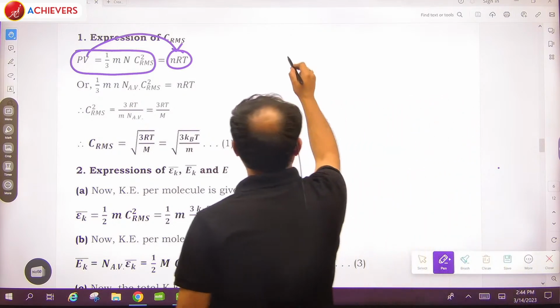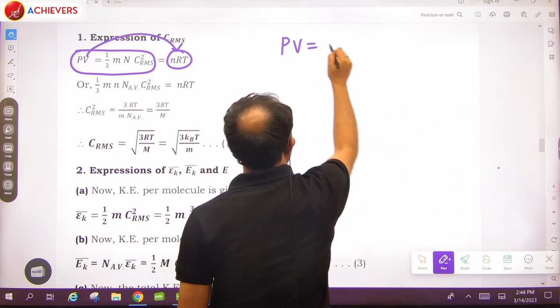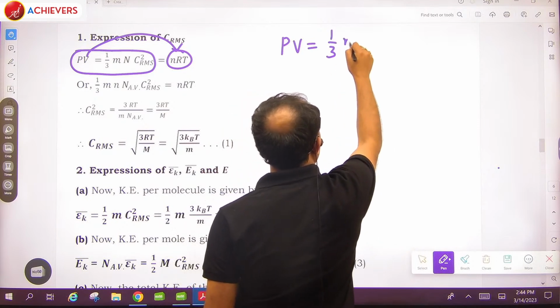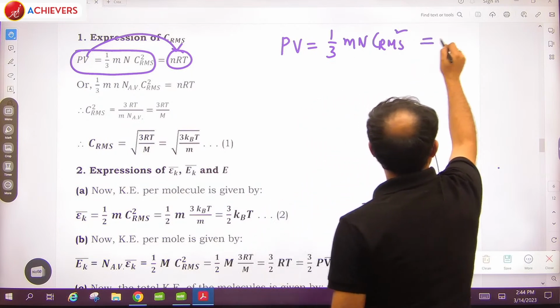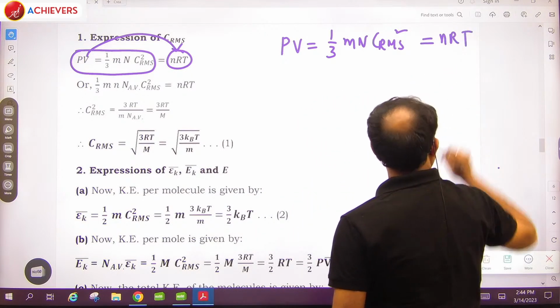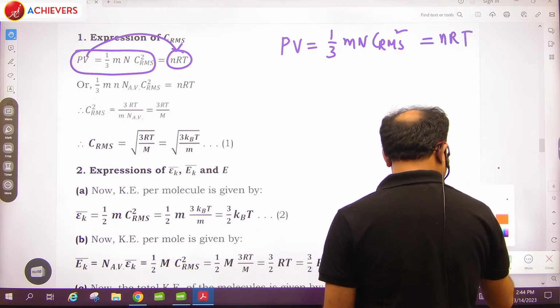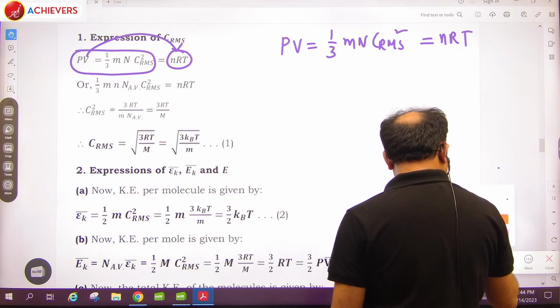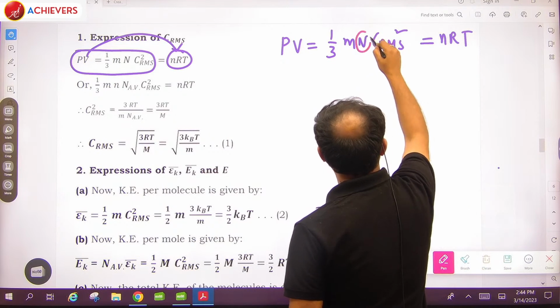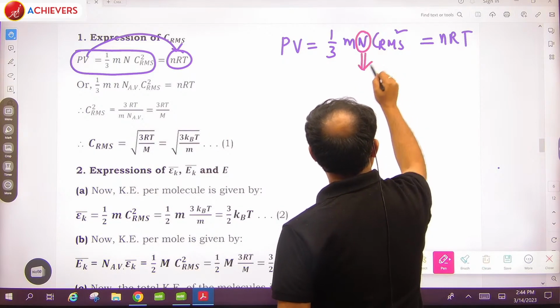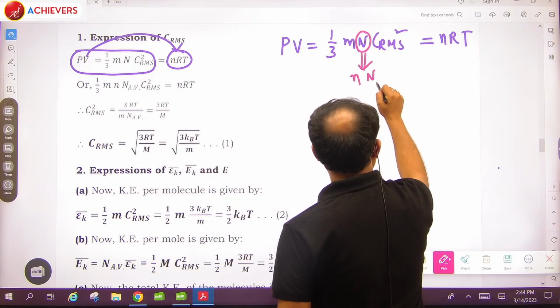So we have got PV to be equal to 1/3 M N CRMS square, which is equal to nRT. Now students, if we look into this, M is mass per molecule, N is number of molecules. Number of molecules means number of moles multiplied by Avogadro number.